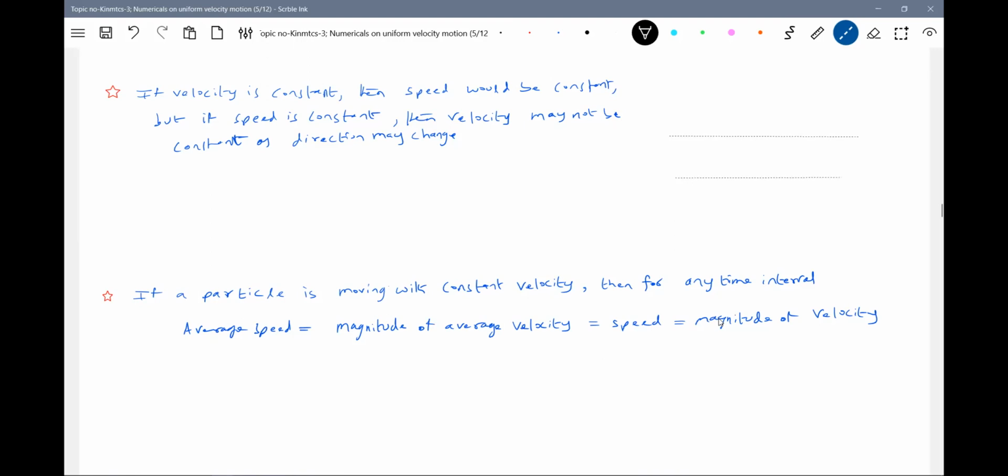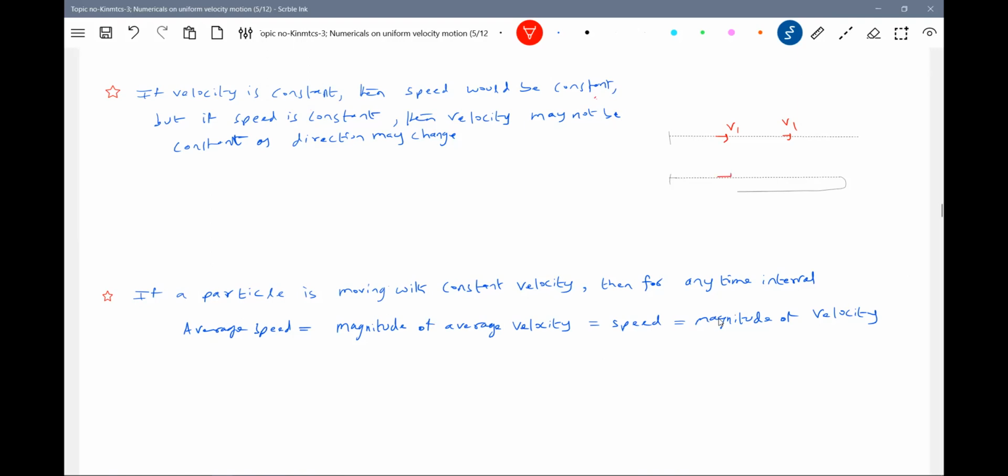I'll give another example where it will change the direction. Here, particle 1 will move continuously in the same direction. If velocity is constant, then speed would be constant. Yes, it must be, a correct statement. But if speed is constant, then velocity may not be constant, as direction may change.